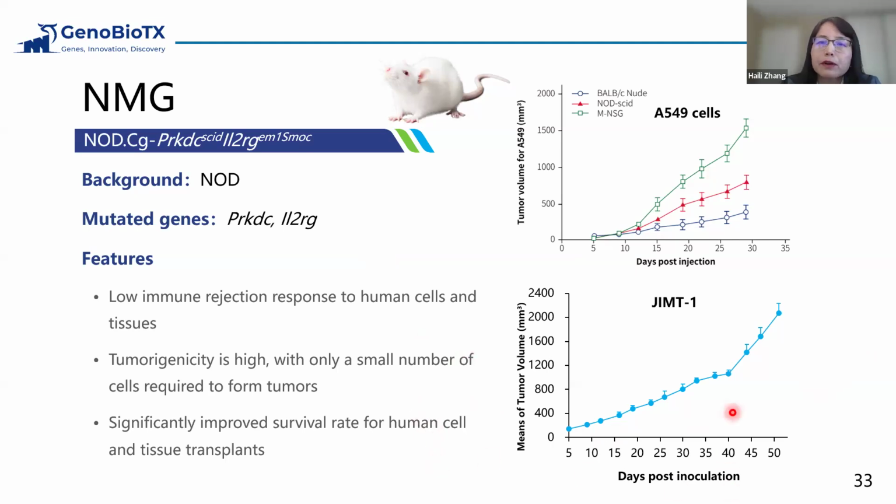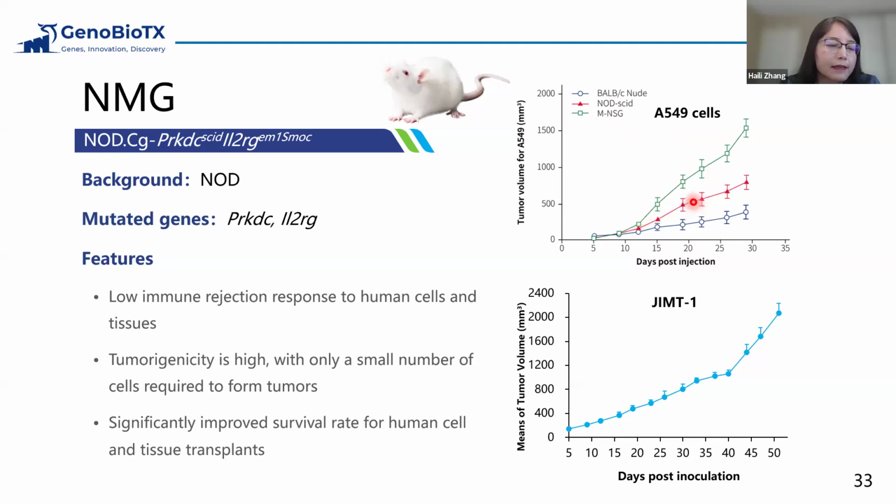On the right side, the figure shows a comparison of tumor growth in wild type, NOD-SCID, and NMG mice following the injection of the same amount of human cancer cells.